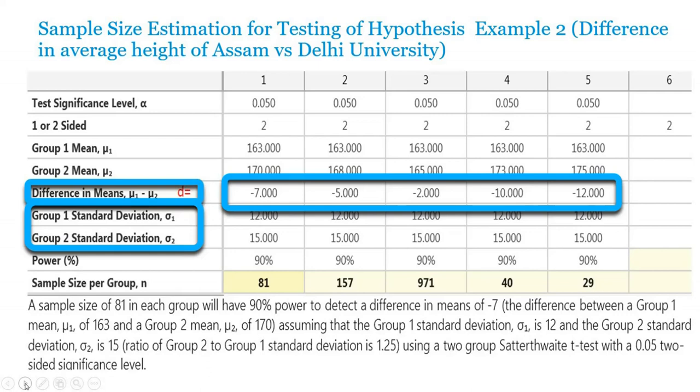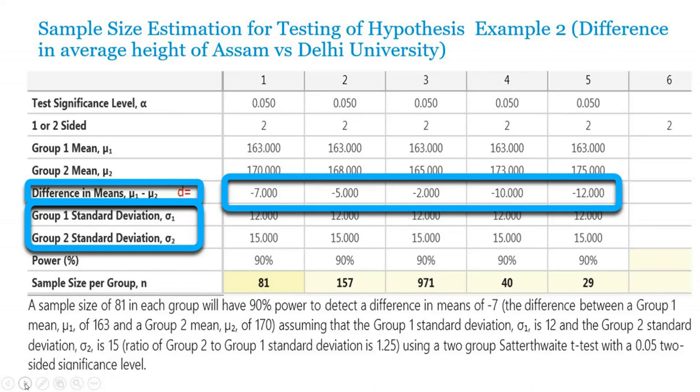Now if I want to reduce the allowable difference, then from 163, 5 units plus or minus will be treated as different, but less than 5 will be treated as equal.